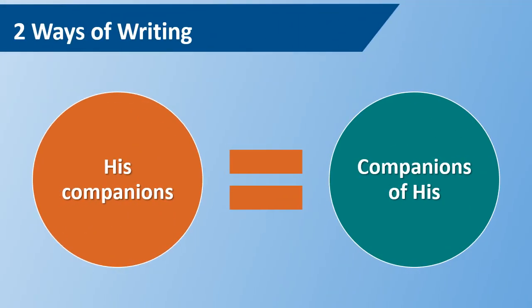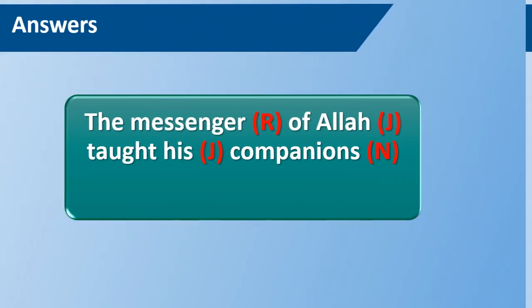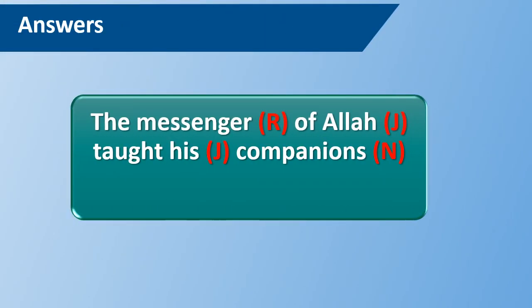His companions can be written in 2 ways: companions of his, which means his is jar. Companions is nasb because it's a detail which answers the question, whom did the messenger teach? So companions is the nasb.